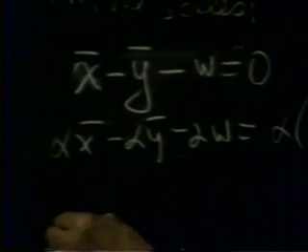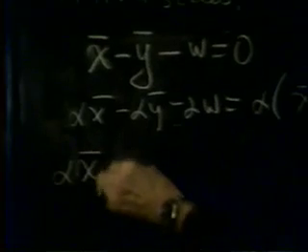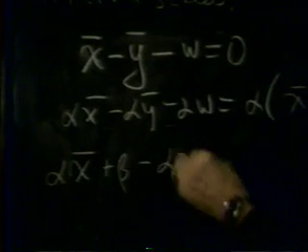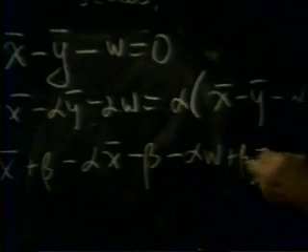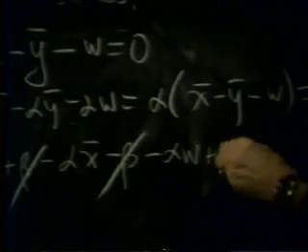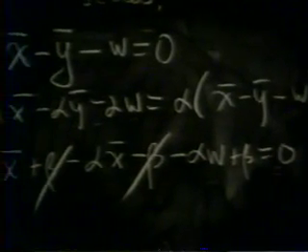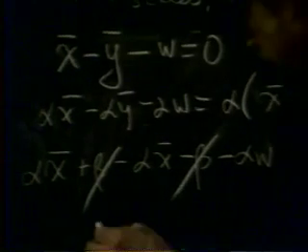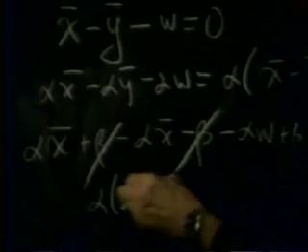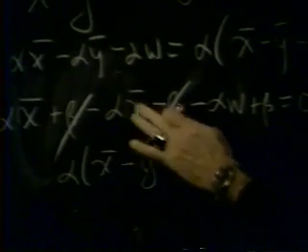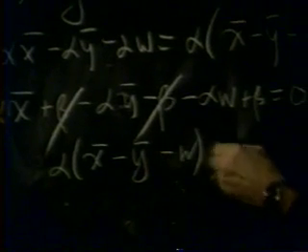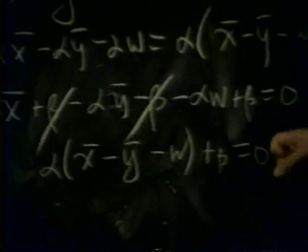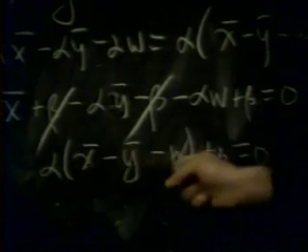But it is not referent invariant under interval transformation, because I get, in that case, alpha x bar plus beta minus alpha y bar minus beta minus alpha w minus beta, which is then a plus, equal to 0. These betas cancel, but that one doesn't. And so no longer does it turn out that you have alpha x bar minus y bar minus w plus beta equal to 0, and when that's 0, that does not mean that that is 0.